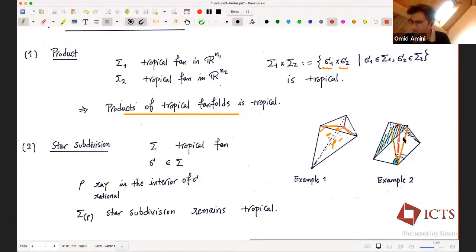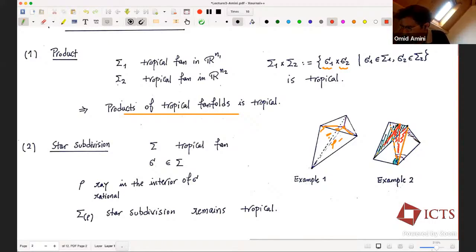And then you subdivide. First of all, what is the subdivision of this two-dimensional cone? You have to add this ray, and then you create two new two-dimensional cones. And now you also have to subdivide the cone you have here, because these two-dimensional cones should also subdivide the cone you have here. Then you don't have a choice.